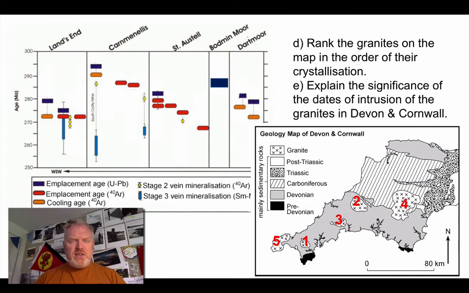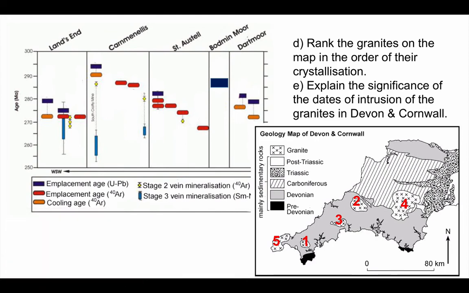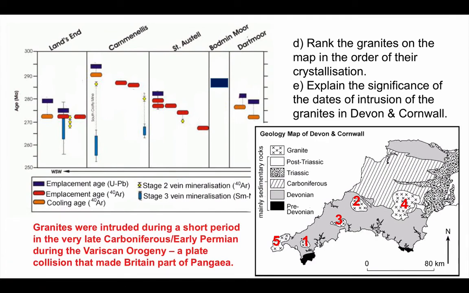But you can see that these plutons are still fairly similar in age. There's about a 15 million year window of time in which these things were actually forming. So they're clearly part of the same event. This event is the Variscan orogeny.